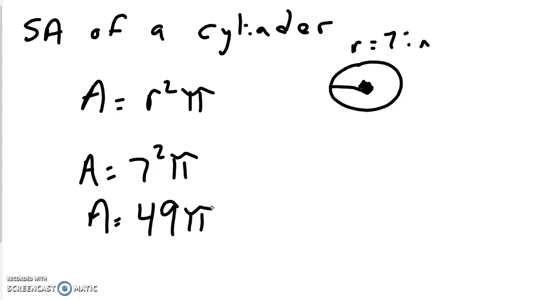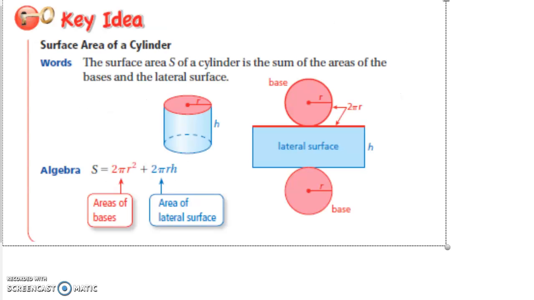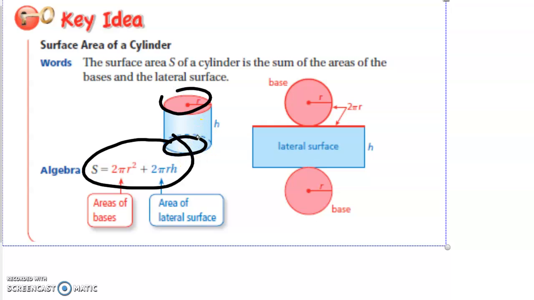Okay, let's go ahead and see what we can find. So first thing, you and I are going to apply this formula. This is the surface area of a cylinder. The area of the bases, you're talking about the circle up top and the circle on the bottom. The cool part about it is it's the same formula for area, radius squared times pi, and we're going to multiply it by 2 because the top and the bottom are identical.